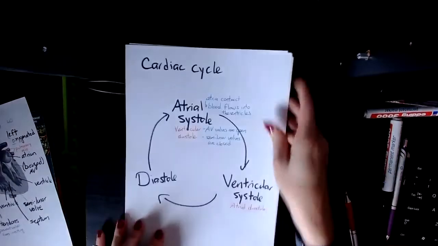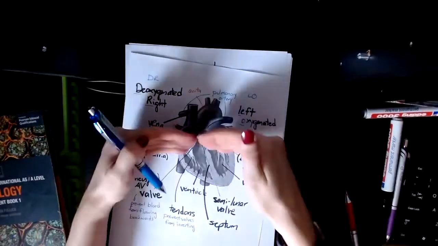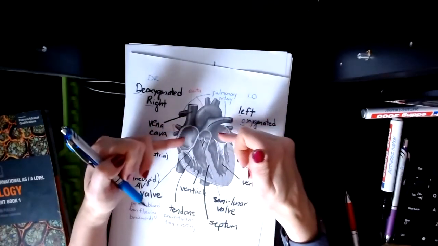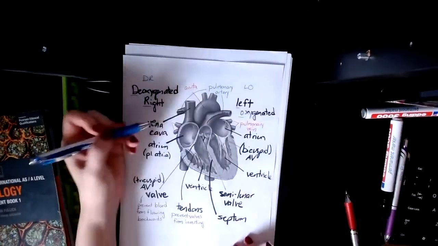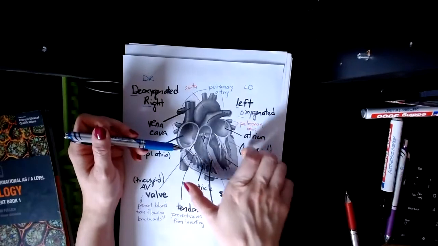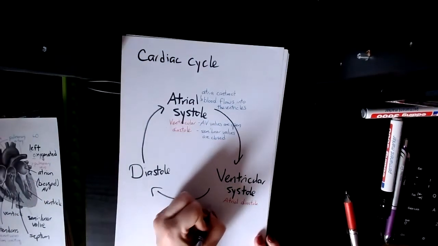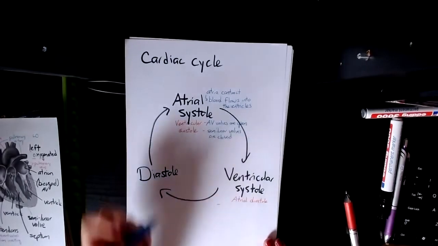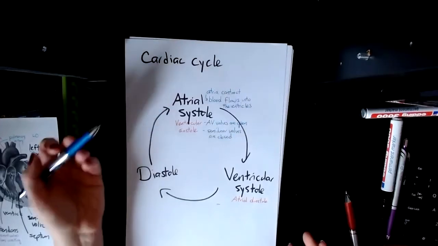Okay, so now the blood, right? You've contracted the atria, and that's moved the blood from the atria down into the ventricles, right? And then you have ventricular systole, and so the ventricles contract, and when the ventricles contract, the first thing you need to understand is that the AV valves have to close. Otherwise, the blood would just flow right back into the atria, and you're not getting anywhere.